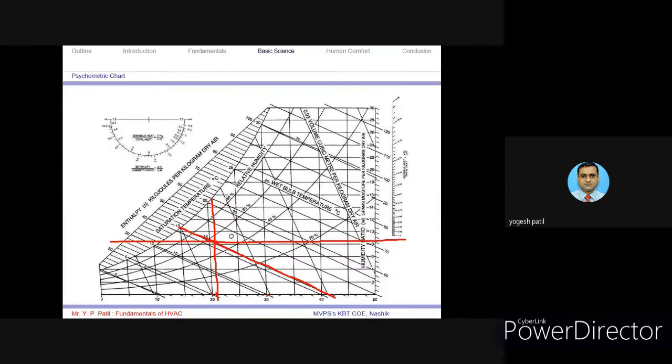This is 80% and this one will be 100%. In between I will draw one additional line like this. This is the point where the relative humidity is 90%, more than 80%, and it crosses the horizontal line here. So I get this point.